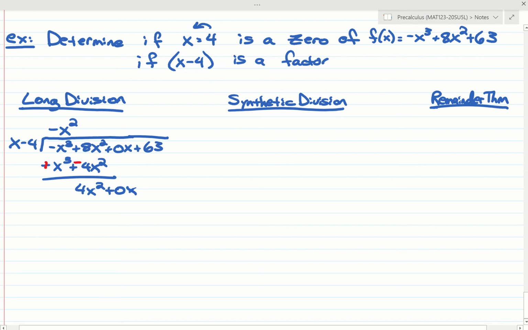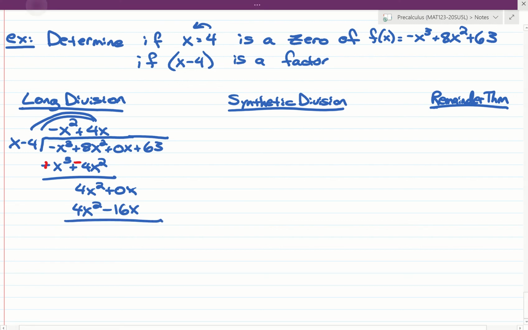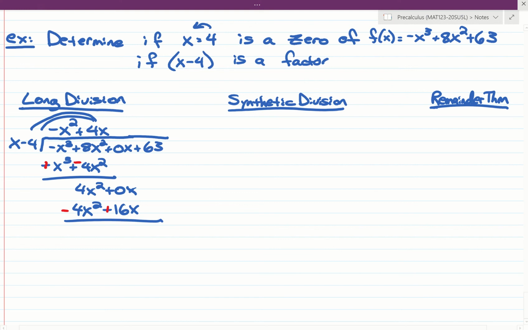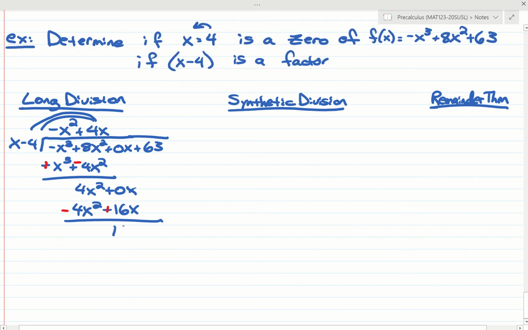Okay, so x times what is 4x squared? The answer is 4x. 4x times x is 4x squared. 4x times negative 4 is negative 16x. And remember, we always subtract. So we get 16x plus 63.